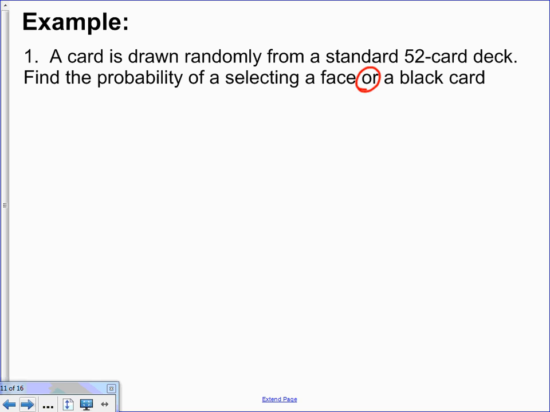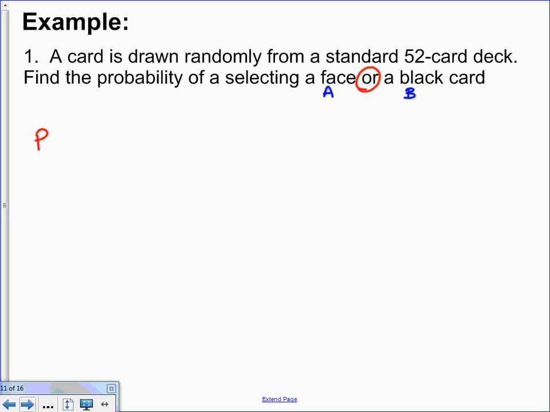"or," I immediately think about that formula we just wrote down, and I'm going to rewrite that formula, but instead of using A's and B's, I'm going to assign my two outcomes. So I'm going to write face wherever I see A, and I'm going to write black wherever I see B. So I'm going to rewrite that formula.